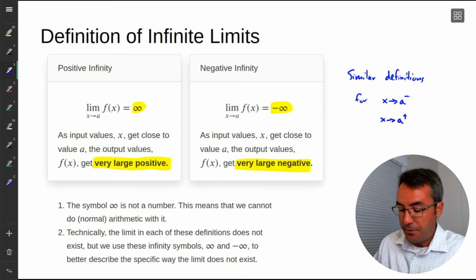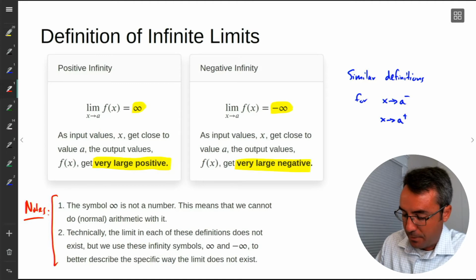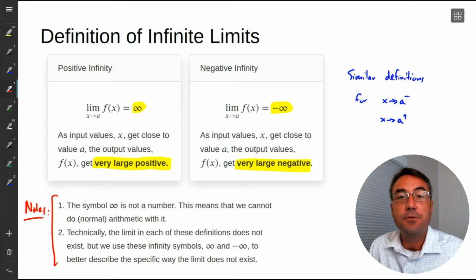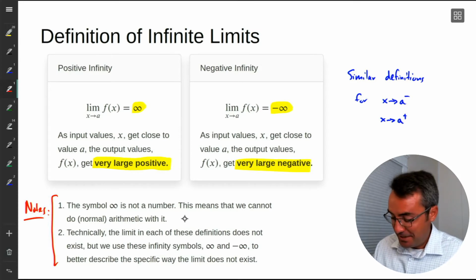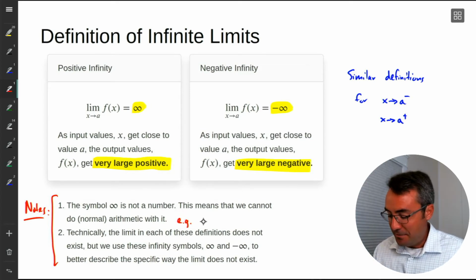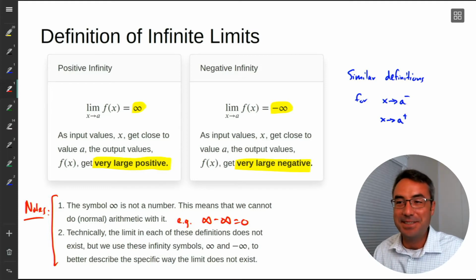Now just a few important warnings or notes here. These are things we want to remember. So first of all, this infinity symbol, it's a symbol, it's not a number. So we can't do normal arithmetic with it. I don't want to see things like, just as an example, infinity minus infinity is equal to 0. No. That's not something I want to see.